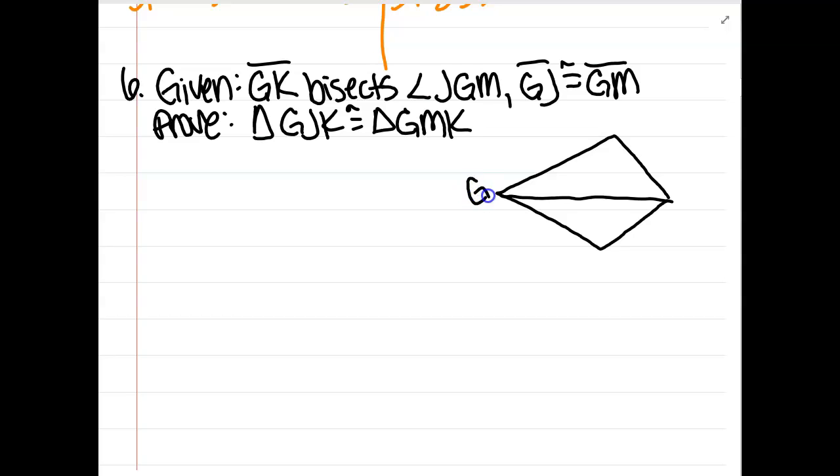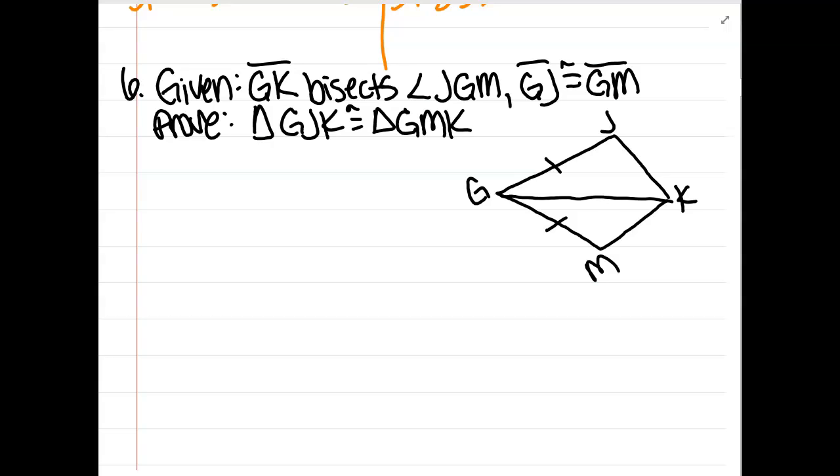Okay. G, J, K, M. Like so. And then I like to mark these. So we'll come back to this, GK bisects JGM. I can kind of mark that away, but let's mark that GJ is congruent to GM. Now to talk about a game plan, I know I have one set of congruent sides. How is GK bisects JGM going to help this?